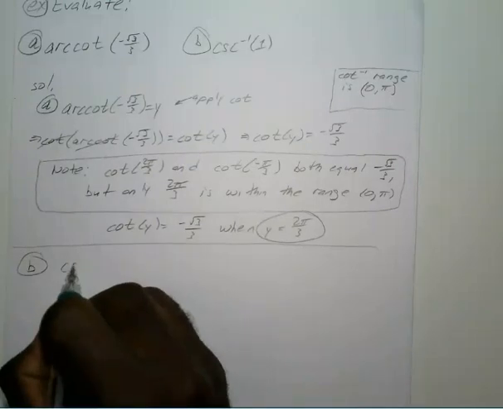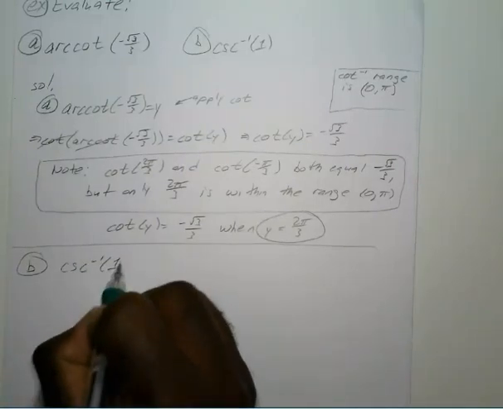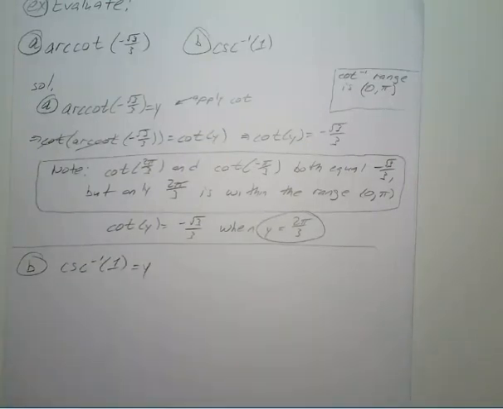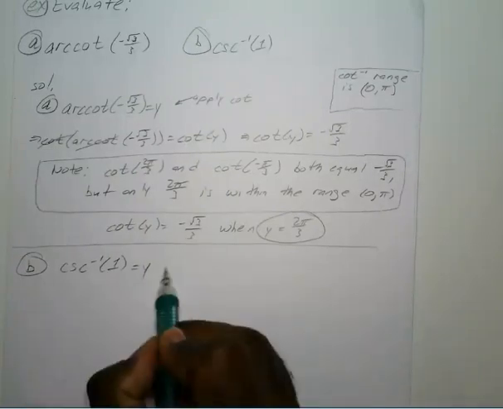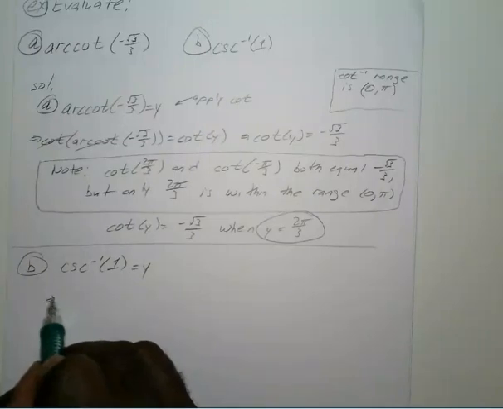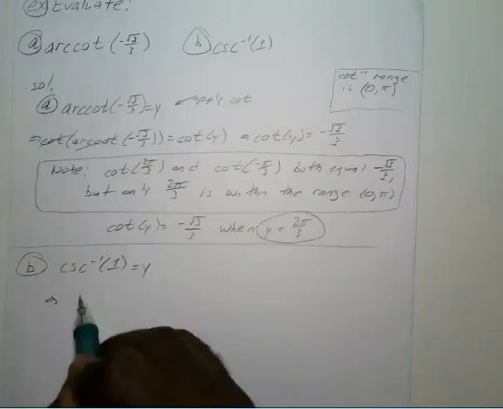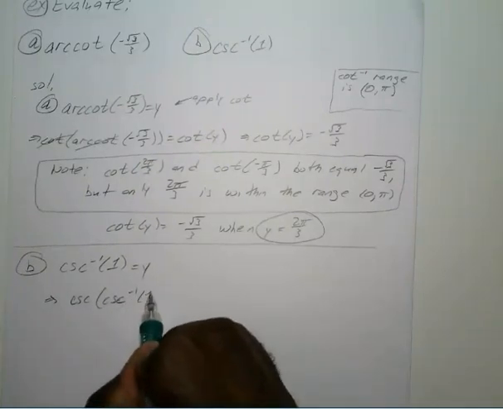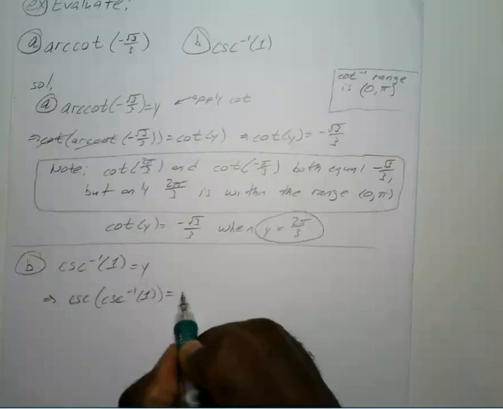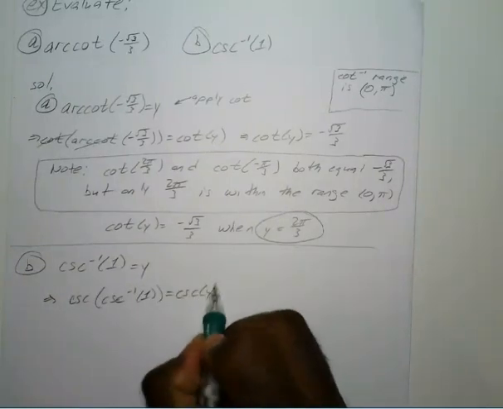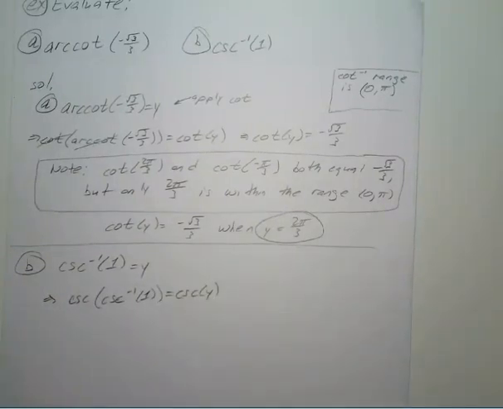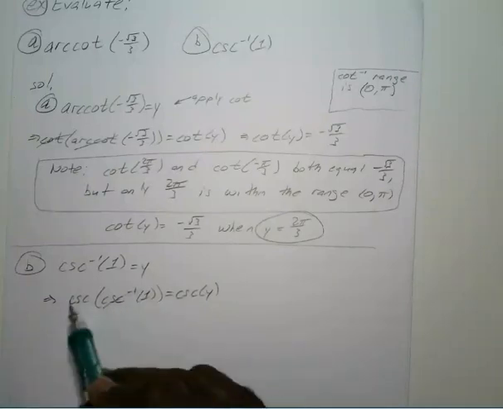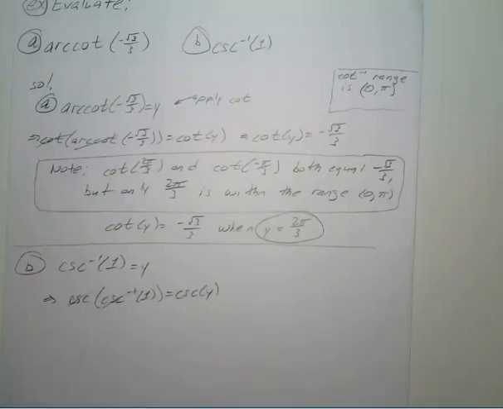Cosecant inverse of 1 will make that equal to y. Again, we apply cosecant to both sides. Cosecant of cosecant inverse of 1 equals cosecant of y. We know that those two cancel each other out.